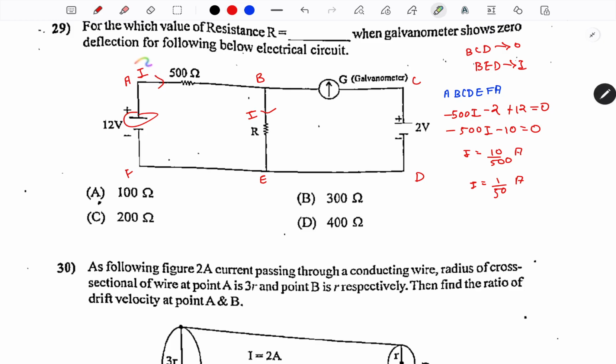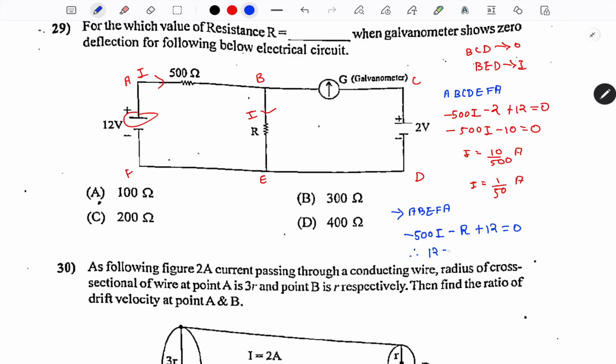Now applying Kirchhoff's law in this portion, for the loop A, B, E, F and A. Moving further, it is minus 500 I, in the downward direction minus I R, and the battery is at the positive terminal, so plus 12 equals 0. For Kirchhoff's law we have to write in this way.